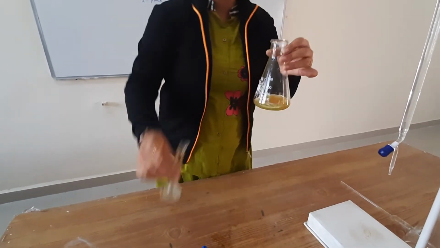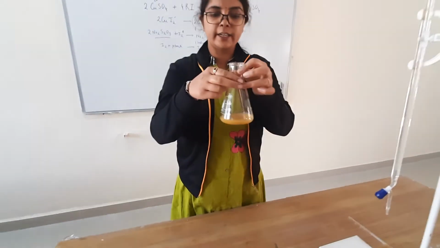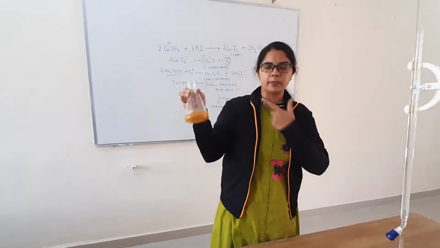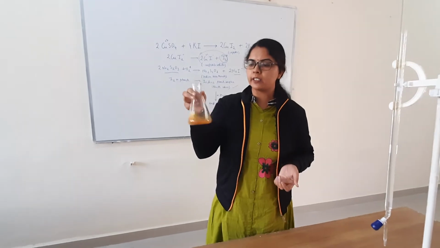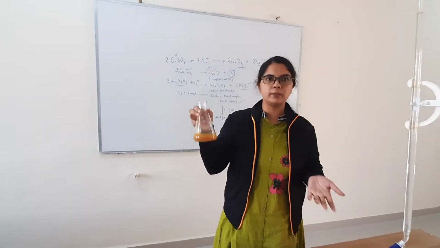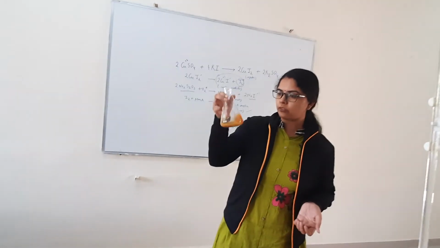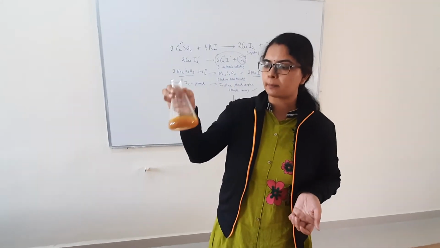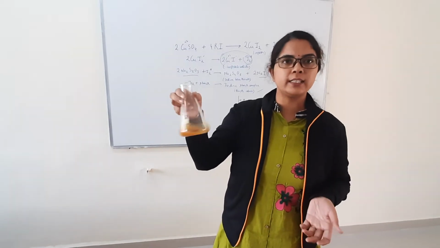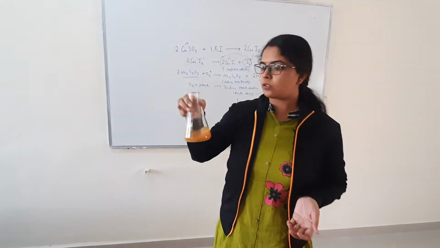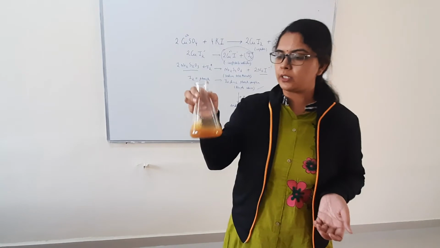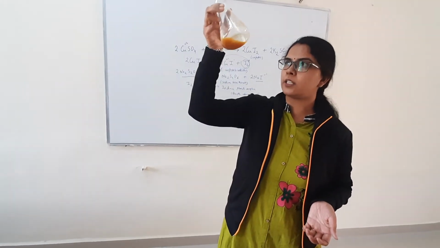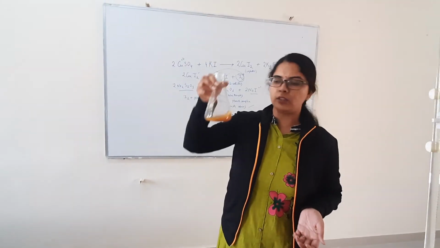See, it is reacting, giving a light yellow color, that means the first reaction is happening. Now continue shaking it so that all the iodine gets liberated. See, it is changing into a reddish yellow color, that means the iodine is liberating. Let the iodine liberate.